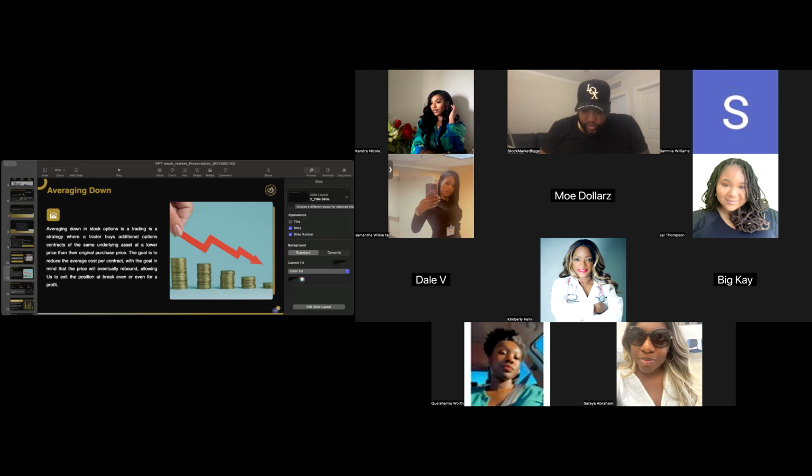So we buy it at $40, and the next week, Saturday, we get a coupon or an email from Sephora saying the Fenty Pro concealer is on sale for $20. That's basically what we're doing when we're averaging down.